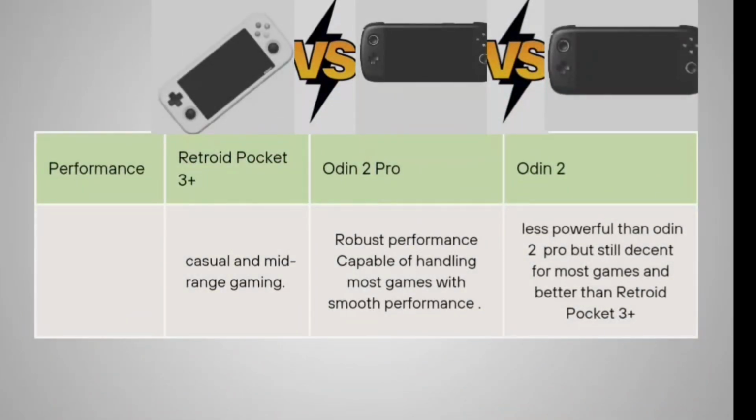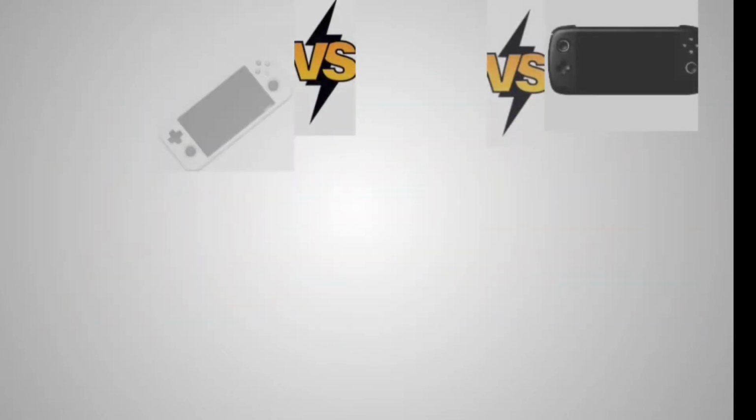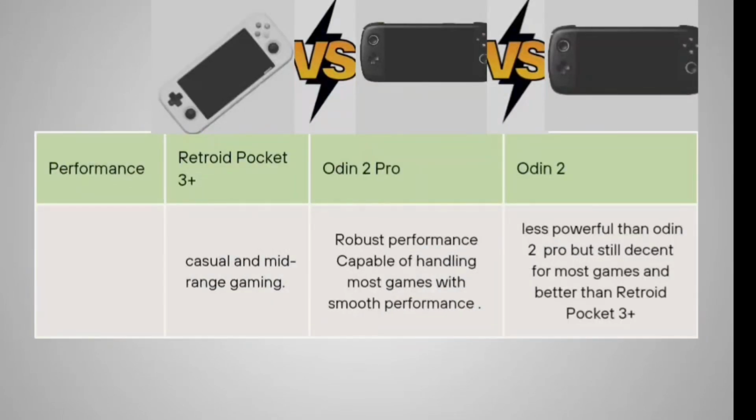Now talking about performance, the Retroid Pocket 3 Plus is good for casual and mid-range gaming. The Odin 2 Pro performs well and is capable of handling most games smoothly, as the GPU is also updated, and in gaming the graphics matter a lot because every function needs the best graphics.